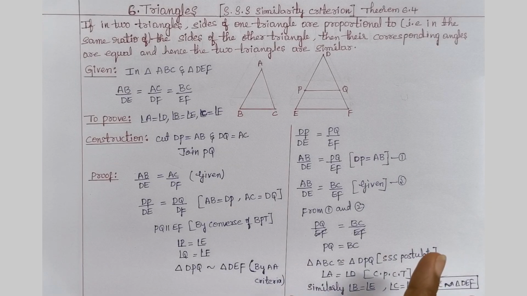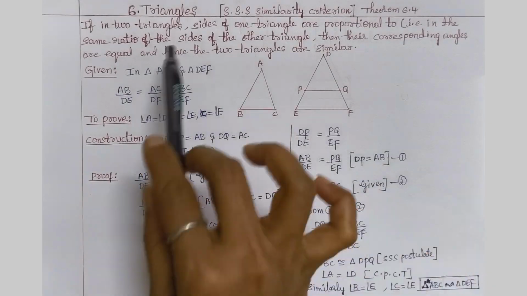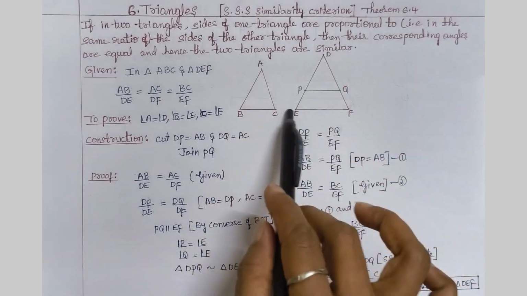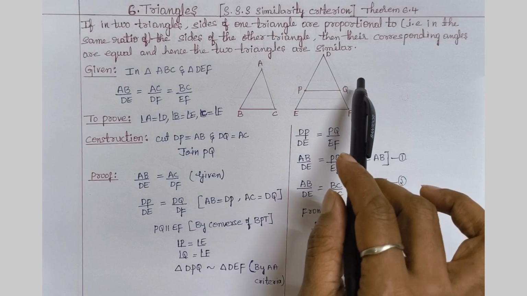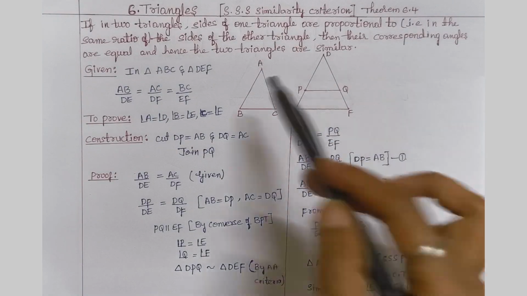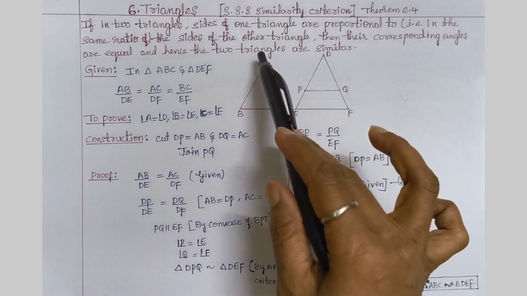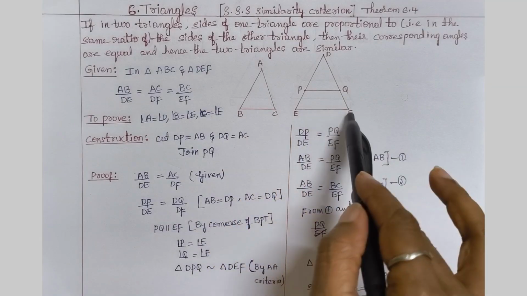In this question, we have to write the given, to prove, construction and proof. What is given in the question? Two triangles, ABC and DEF. The sides are proportional: AB by DE is equal to AC by DF is equal to BC by EF.